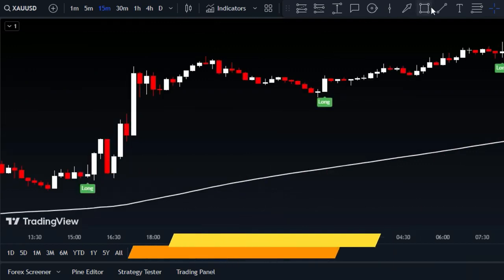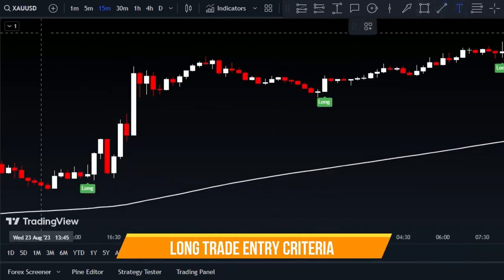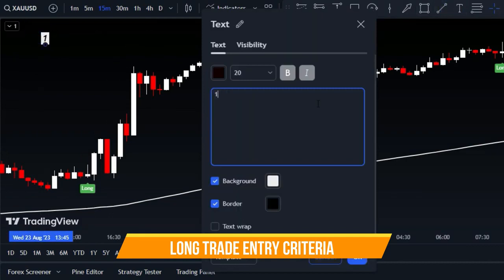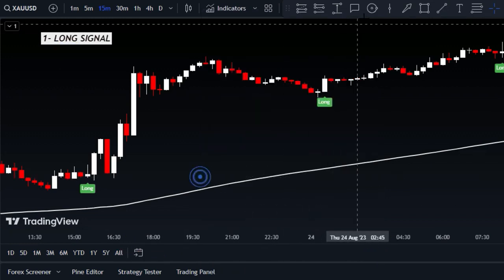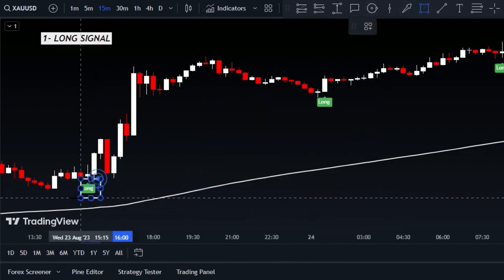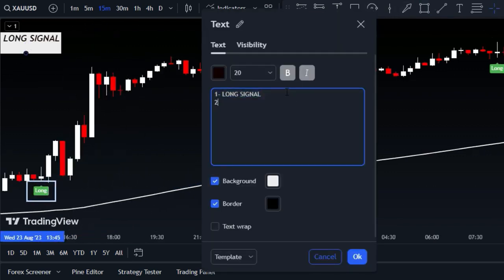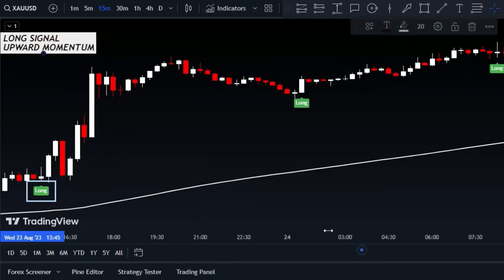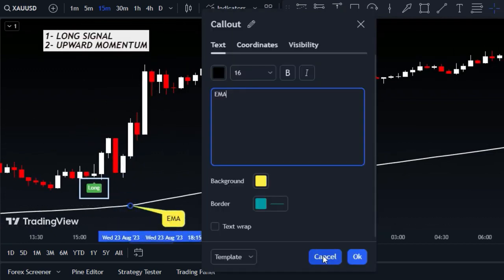Now, let's outline entry criteria for long trades. To initiate a long trade, the primary indicator should generate a long signal. At the second step, we need to confirm that the market is in an uptrend, indicating that the price is trading above the 200 period moving average.